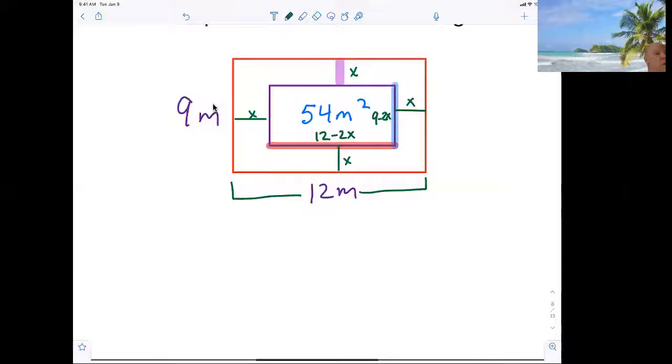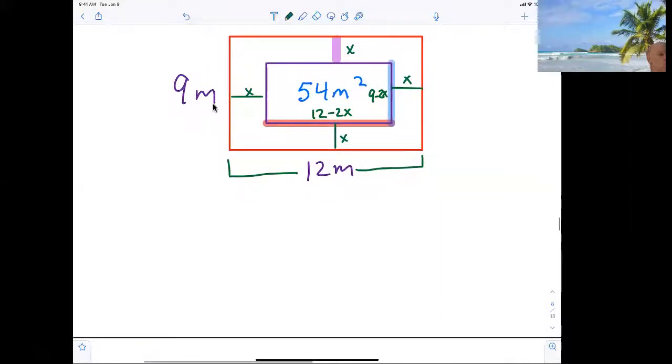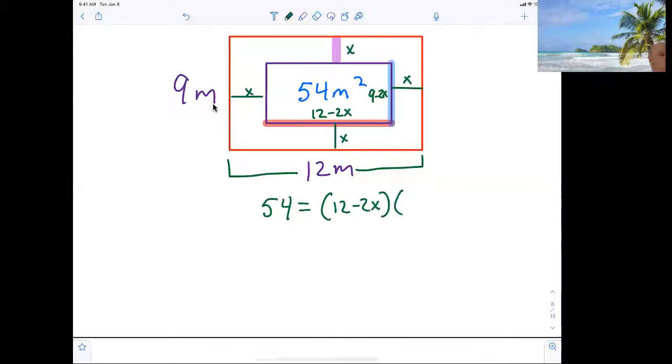So now I need someone to tell me an equation that I can write that will help me solve the problem now. Go ahead. 54 equals 12 minus 2x, parentheses, times 12 minus 2x, or 9 minus 2x.